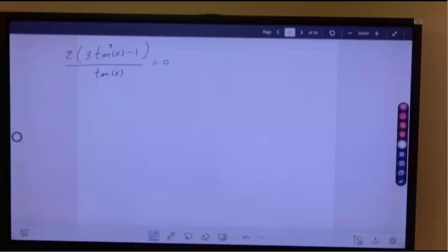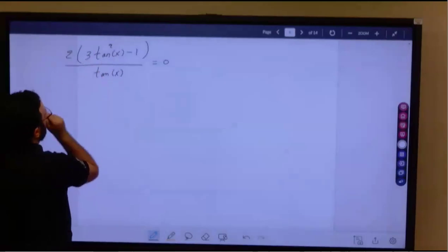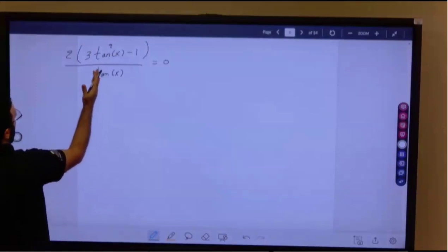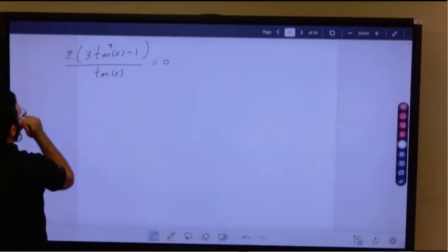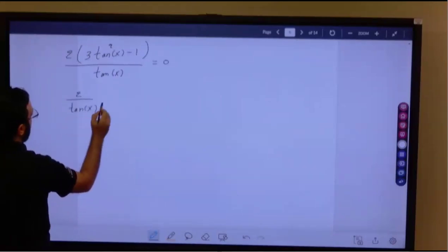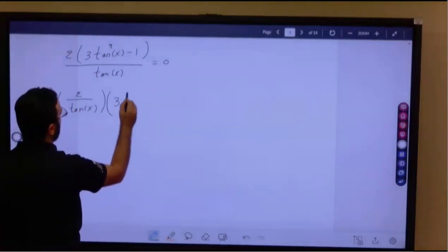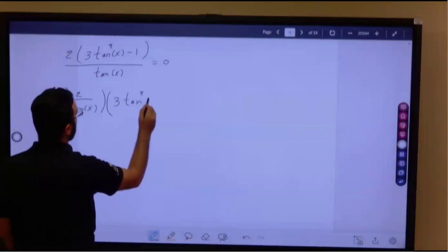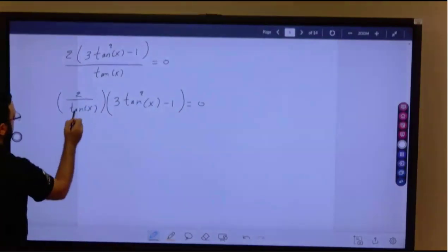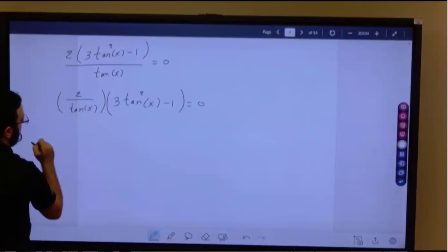Let's keep going on this example. So now after we factor out the 2, we have 3 tangent square x minus 1 over tangent x. I'm going to take 2 over tangent x, and what is left here is 3 tangent square x minus 1, which is going to be equal to 0. 2 over tangent is going to be 2, keep the 2 out. 1 over tangent is the cotangent.